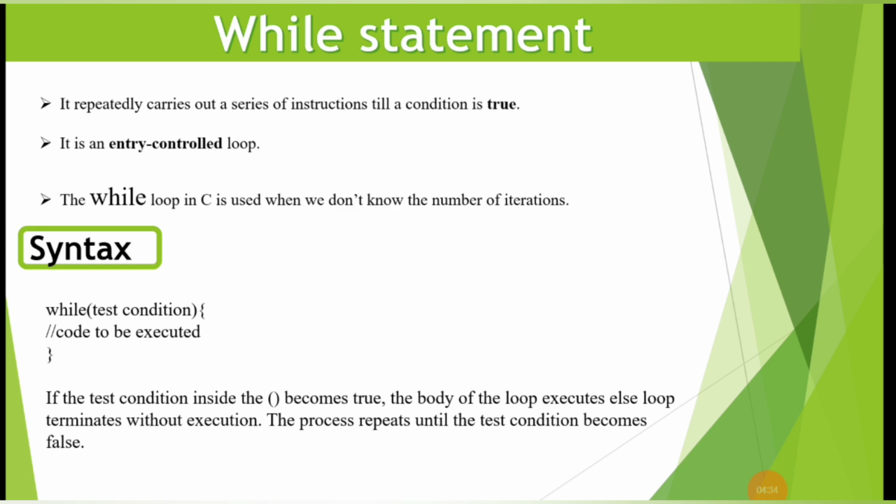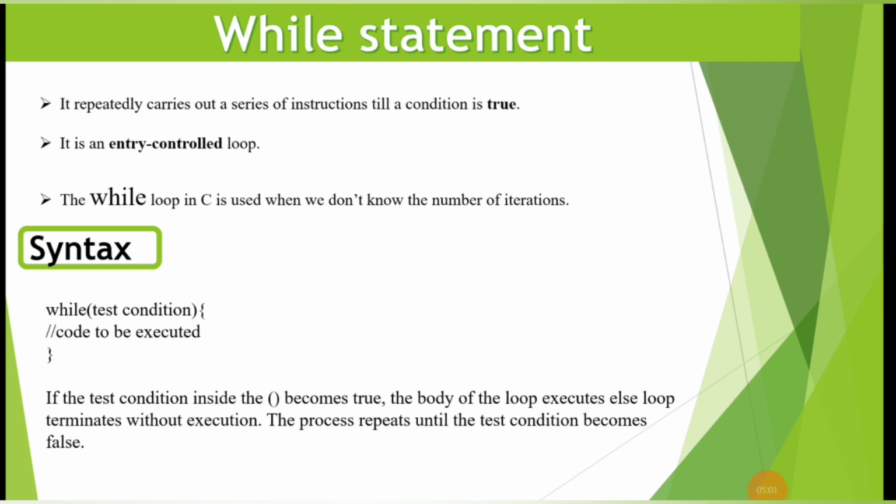The process repeats until the test condition becomes false. In the while loop it first checks the condition. If the condition is true, it enters the body of the loop and prints. If the condition is false, it doesn't enter the loop, so it automatically terminates without any execution.